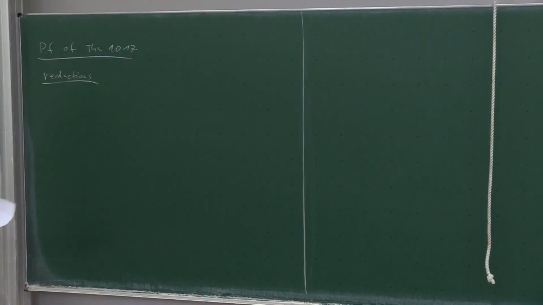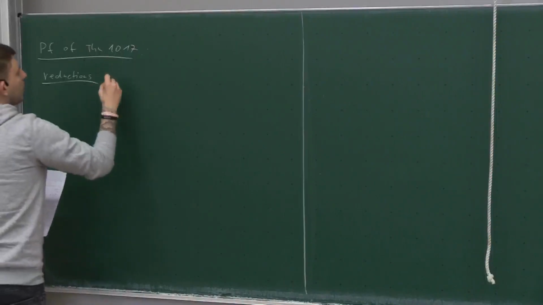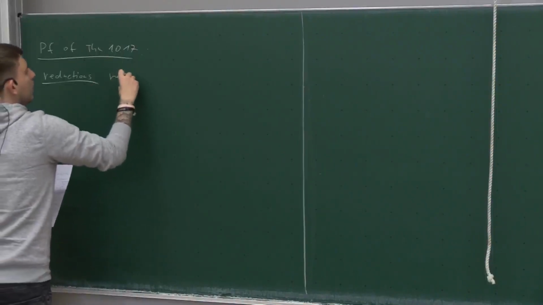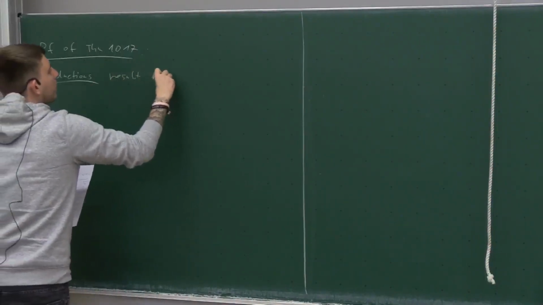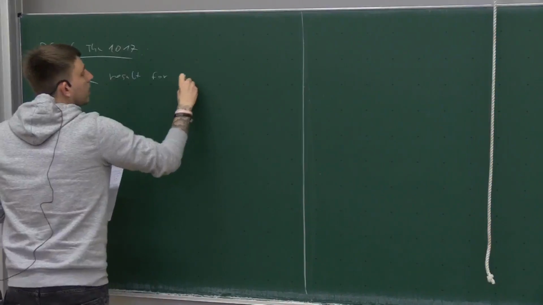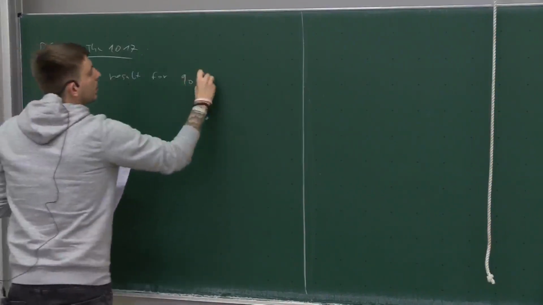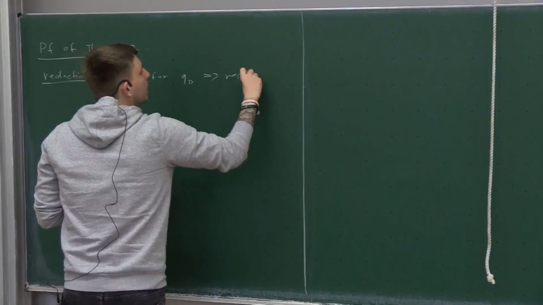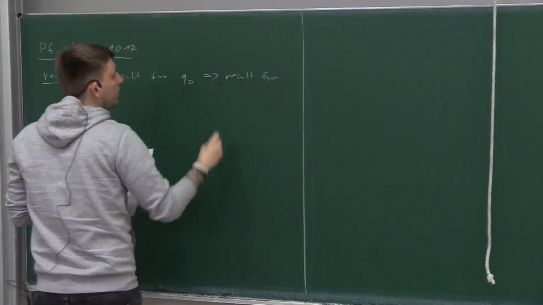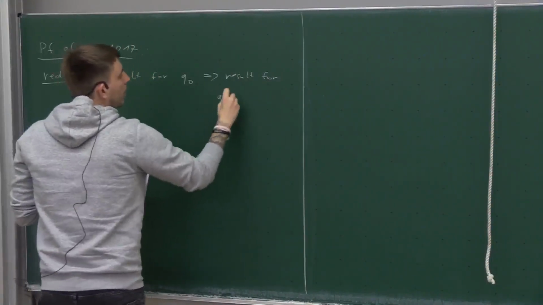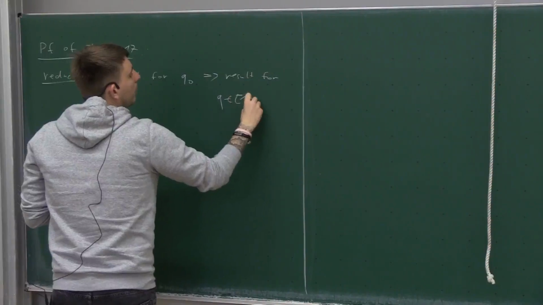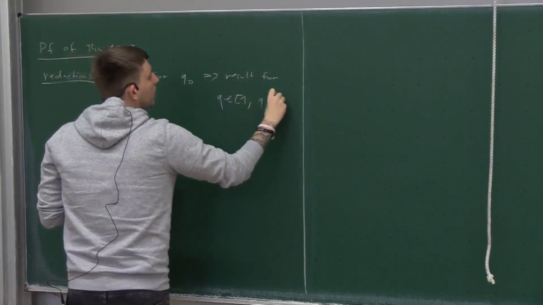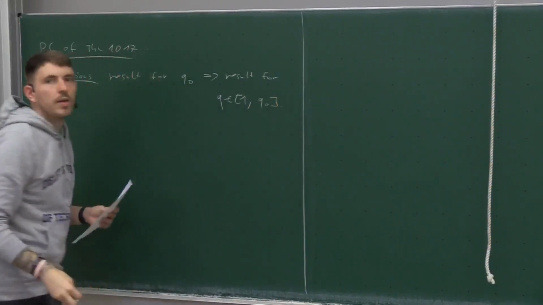But what I claim here is it suffices to show it for one such q. If I have it for one such q, so the result for q naught implies the result for q in the interval from 0 to q naught.